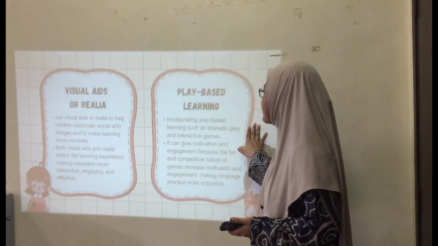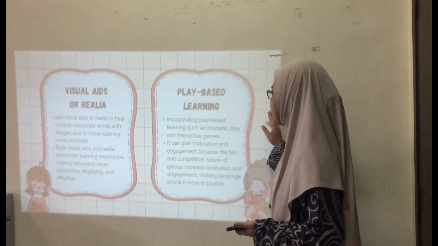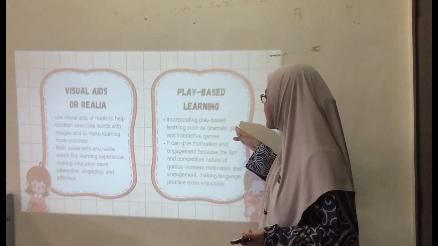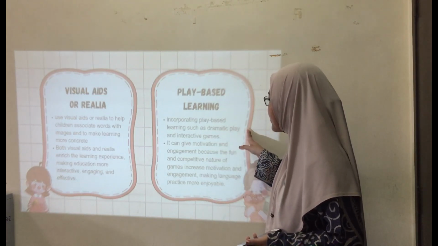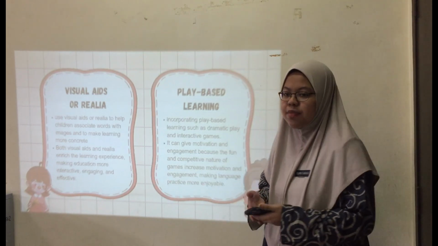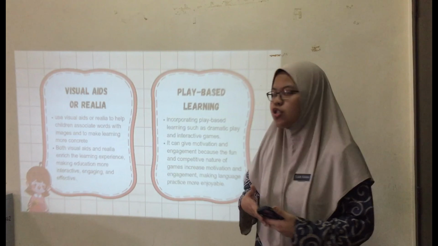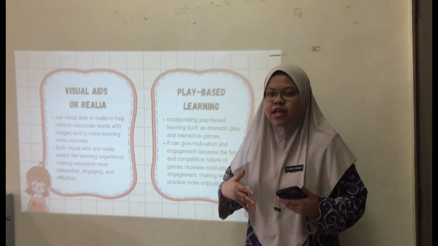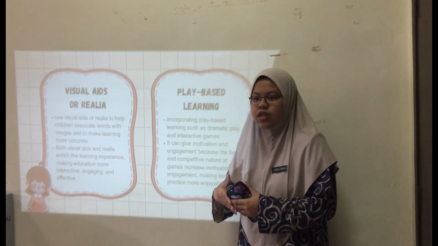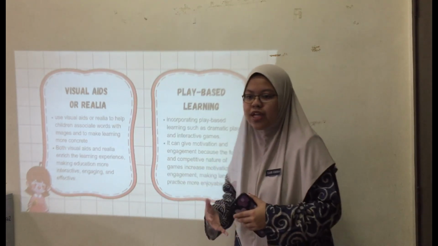Okay, the next strategy is play-based learning. Teachers can incorporate play-based learning such as dramatic play and interactive games. For dramatic play, it can encourage children to use English in their interactions and role playing. Teachers can also use puppets to act out simple stories and scenarios in English.